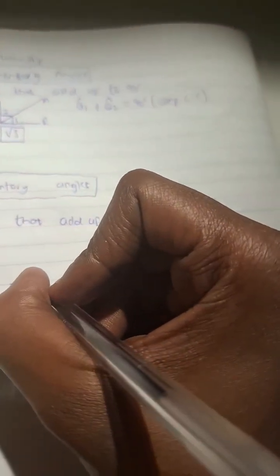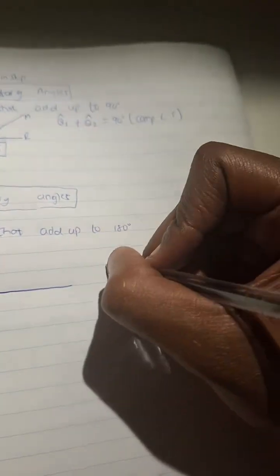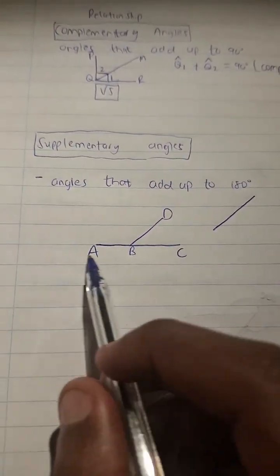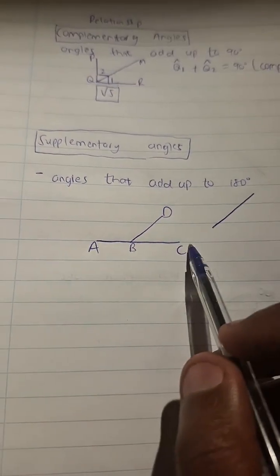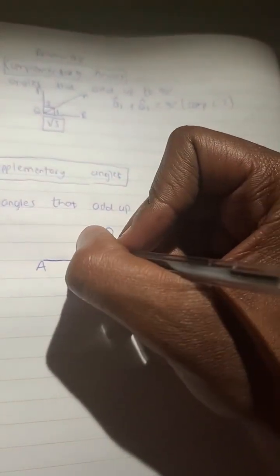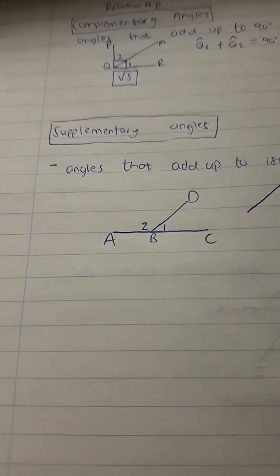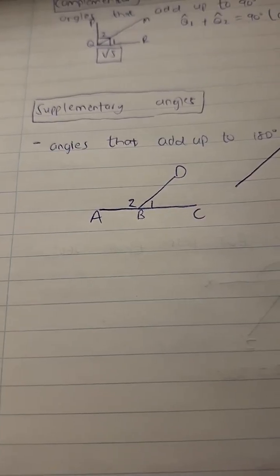Now, just to explore this and to explore it well, A, B, C, we write D. ABC is a straight line. We write 1, we write 2.